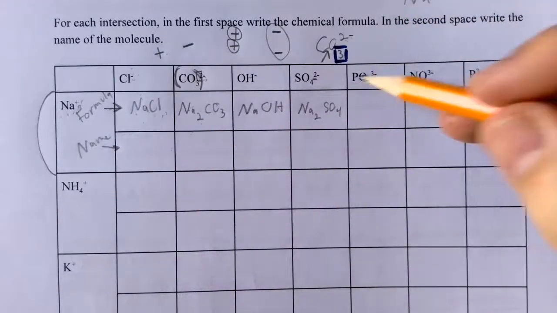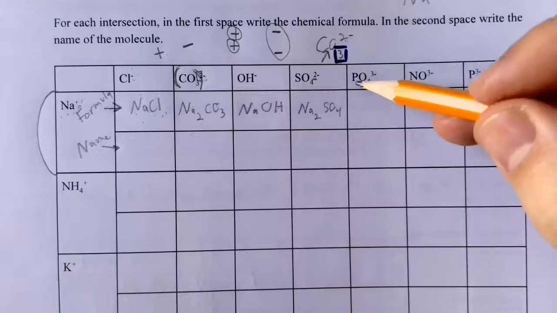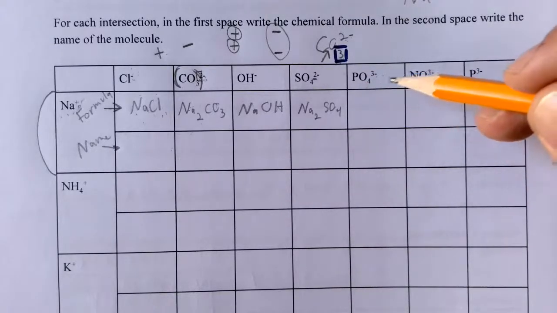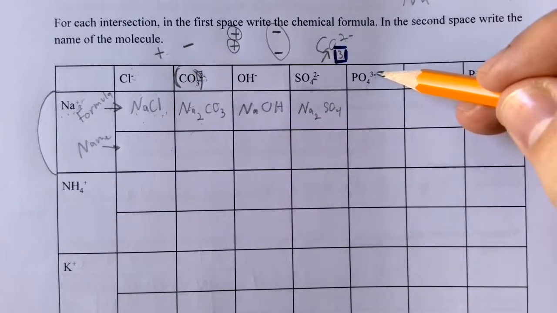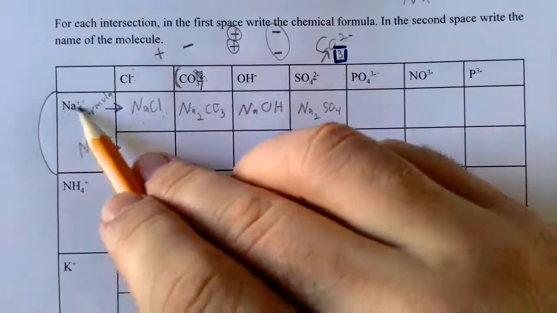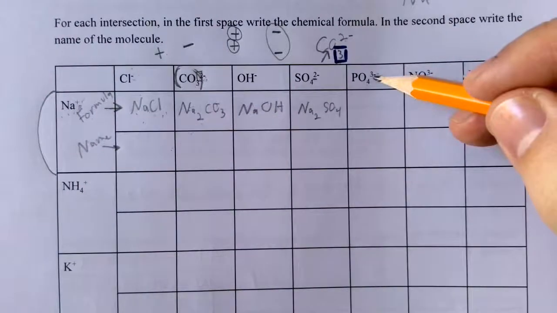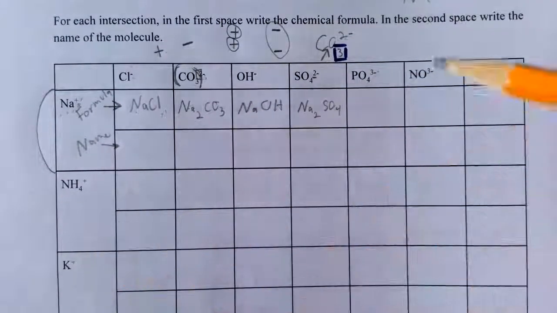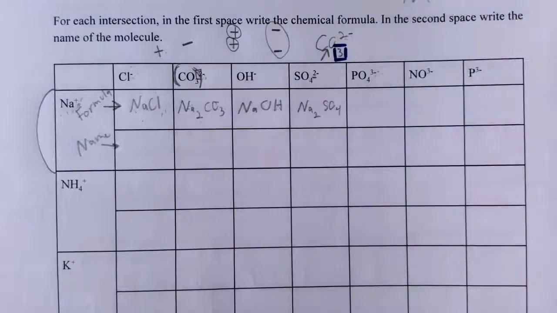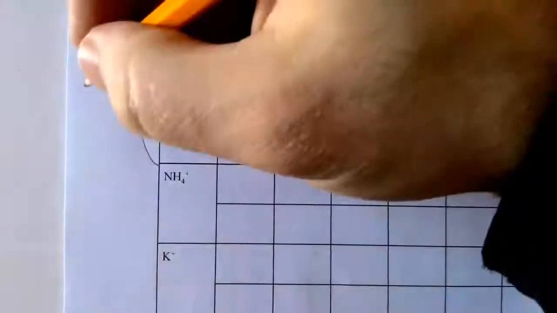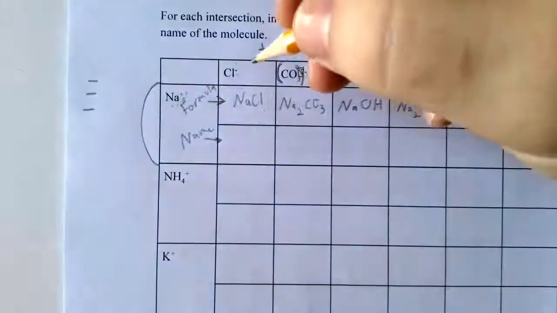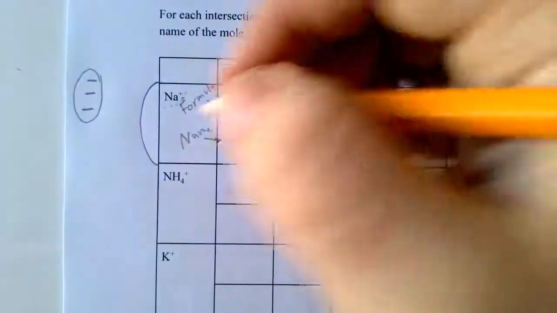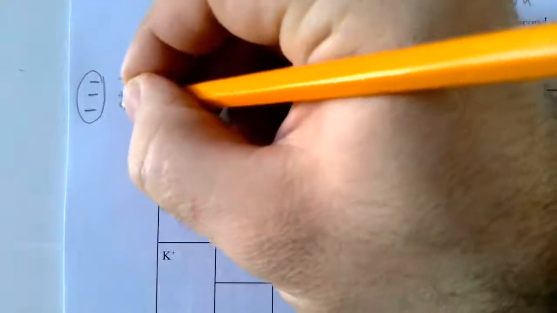The next one, PO4 with a 3-. This is called a phosphate. This is a common one. You'll get to know it. It has a -3 charge. So how many sodiums would I need to bring in order to balance out this -3 charge? Well, since sodium only has a +1, in order to balance out those 3 negatives, 1, 2, 3, they're all coming together, all at once, I need to balance that out with 3 positives.